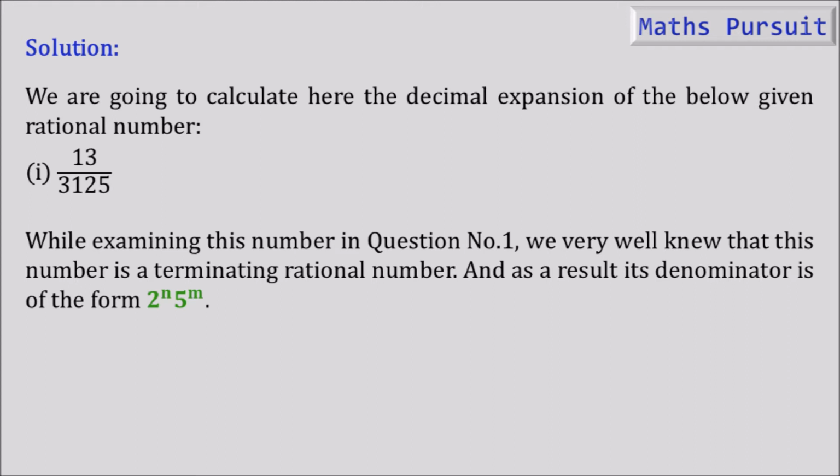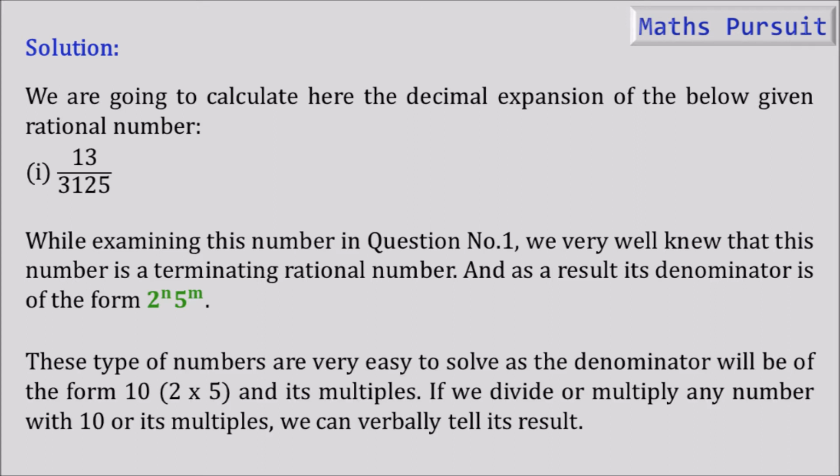We know that if a rational number is terminating, then its denominator will be of the form 2 to the power n and 5 to the power m. These types of numbers are very easy to solve, as the denominator will be of the form 10, that means 2 into 5 and its multiples. If we divide or multiply any number with 10 or its multiples, we can verbally tell its result. For example, if we multiply 10 with 4, verbally we can tell it is 40.